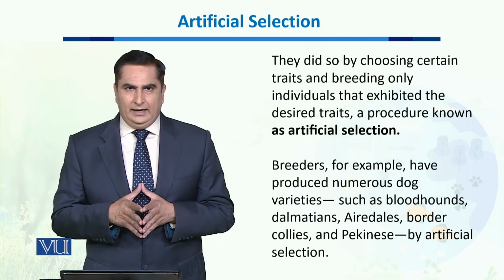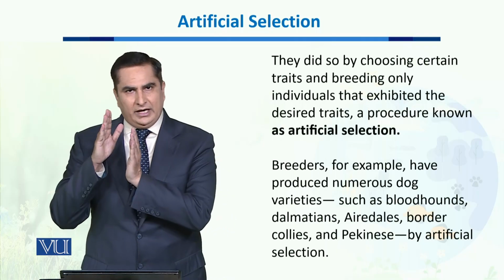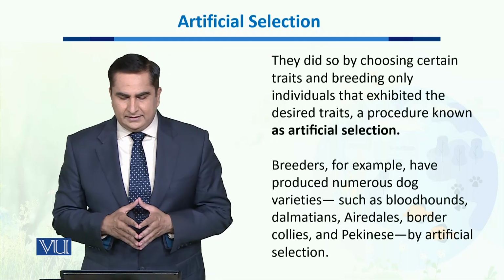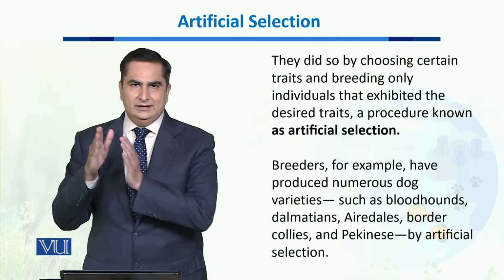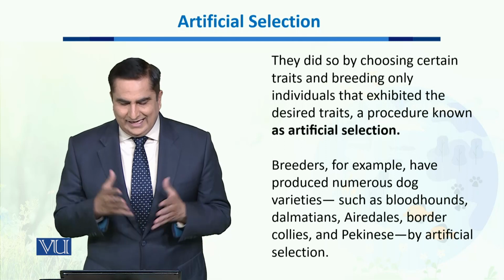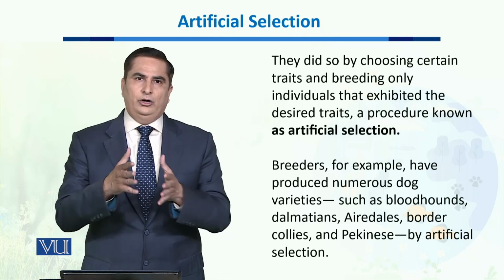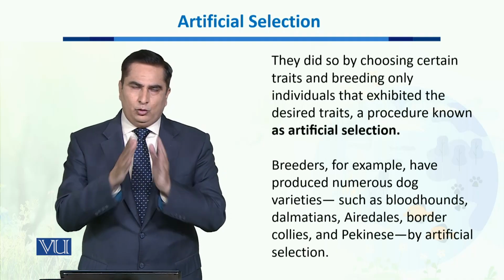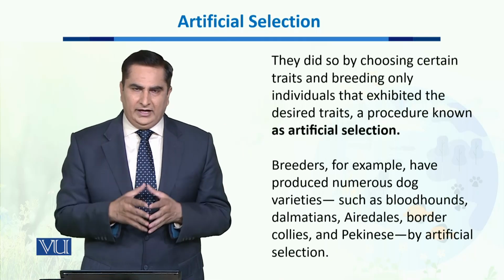How did they do that? They chose certain traits and bred only individuals that exhibited those traits. This is the process known as artificial selection. For example, breeders have produced different dog varieties. Although it's the same species, you can see quite a change in their size, structure, and other things.